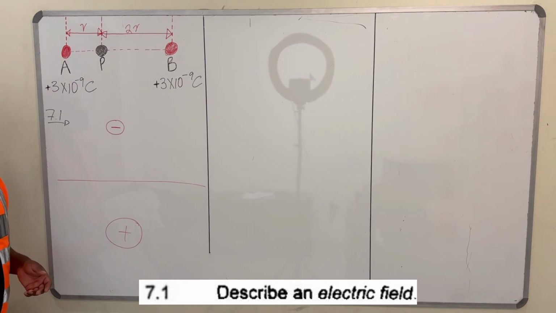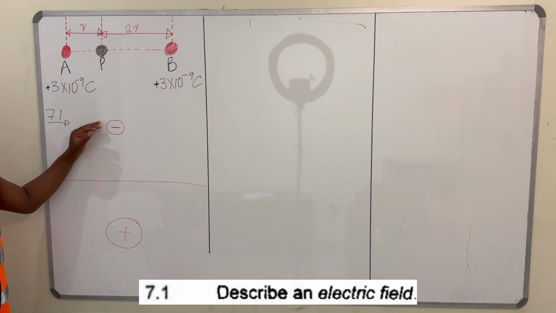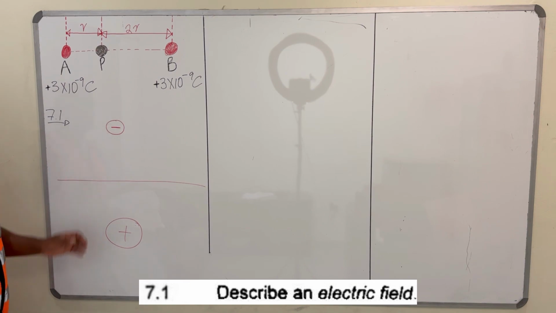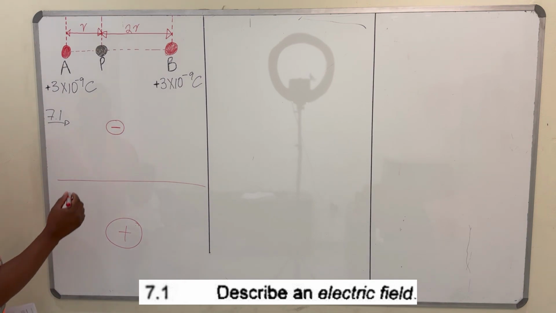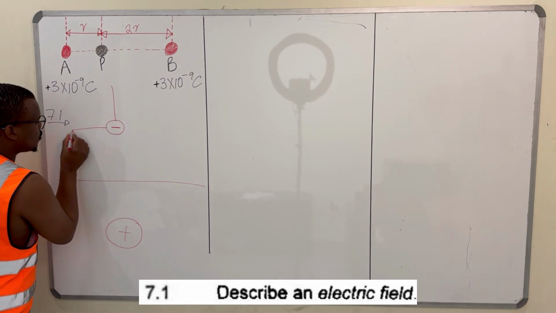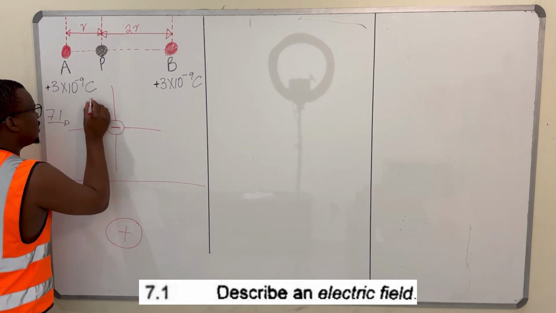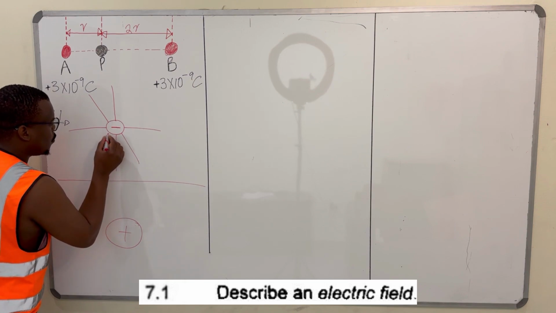So if you have a charged particle or a charged sphere or a charged point, right? Each charged particle creates an electric field around it, which is what I'm going to define. So you might know that a negatively charged sphere, if it's just sitting on its own, has an electric field around it, which you might have drawn.